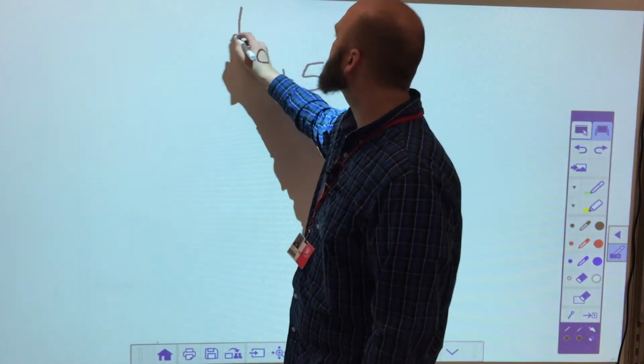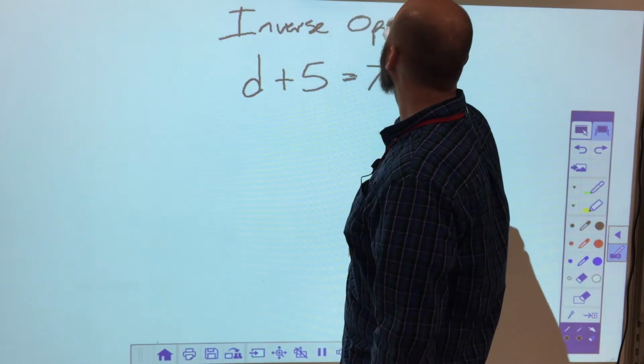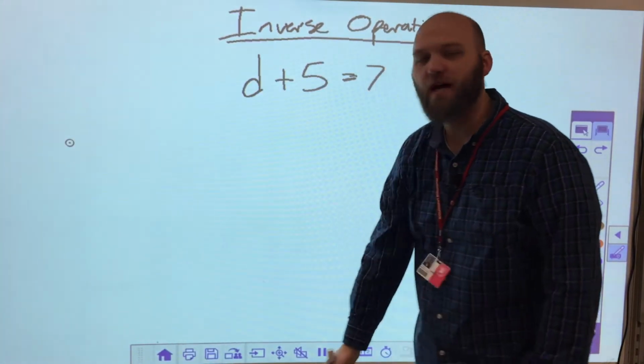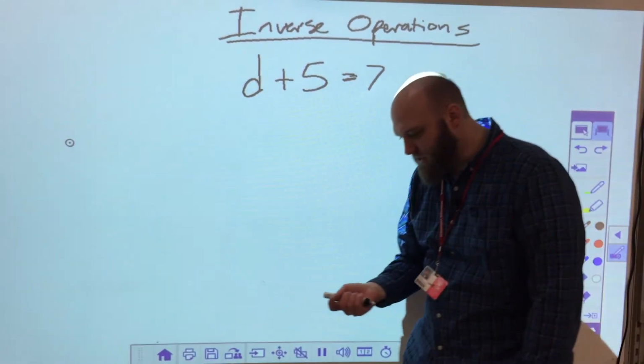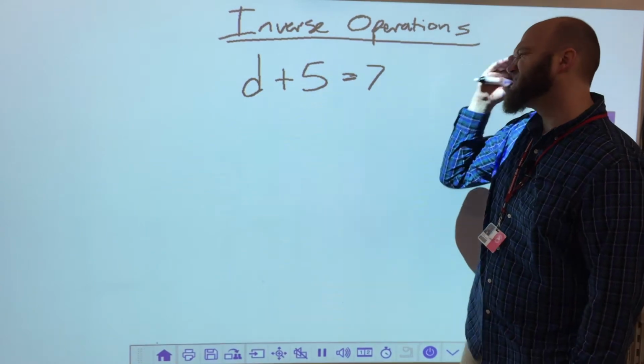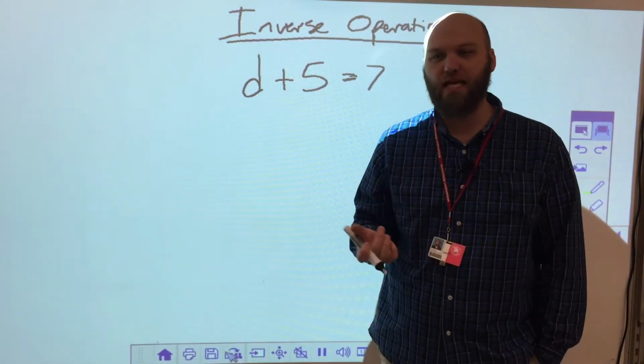So what I'm going to talk about today is known as inverse operations. Inverse operations. All right, so inverse means the opposite. The operation, well, so instead of adding 5, do I subtract 5 from d? Well, that wouldn't make sense.